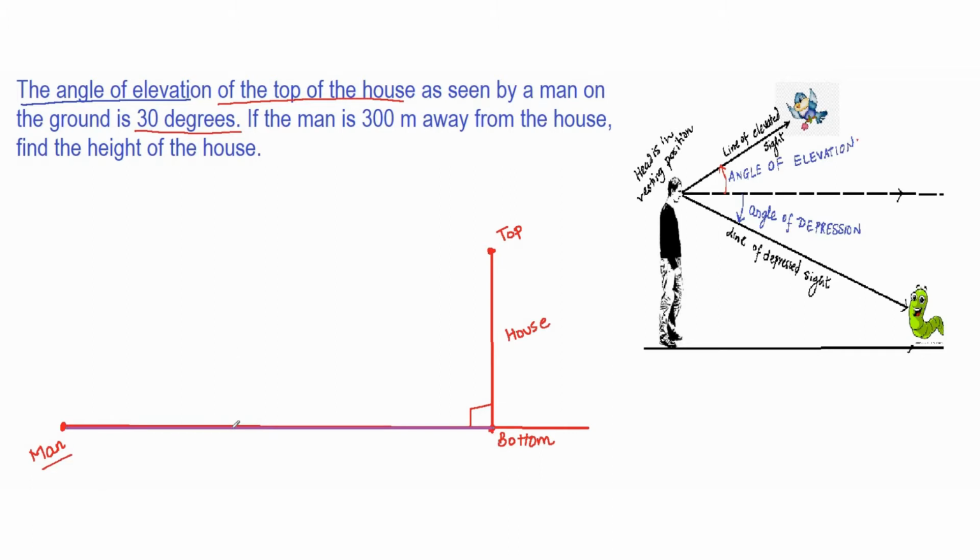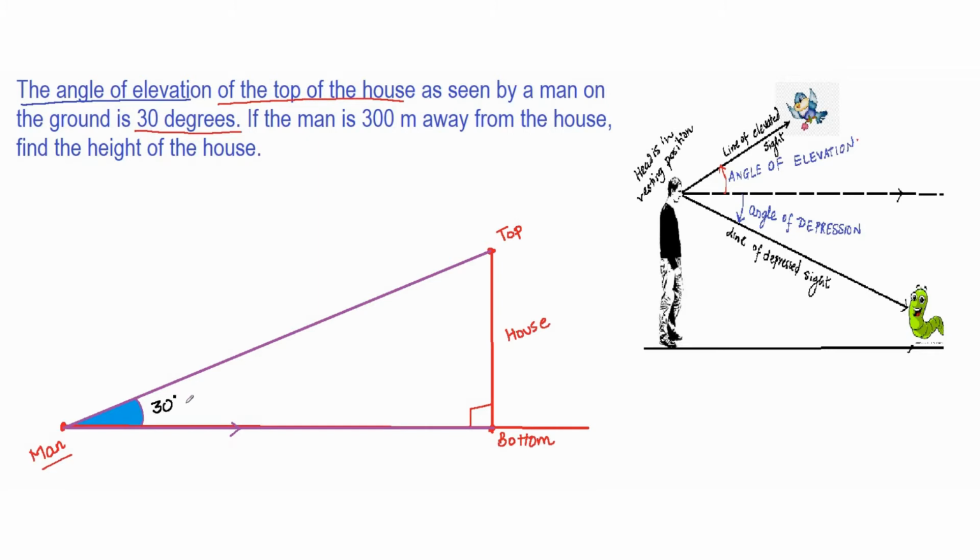So this is his normal line of sight. And if he wants to see the top of the house, then the angle made by his eyes with the normal line of sight is going to be the angle shown over here. So this is basically the angle of elevation, right. This is the angle of elevation, and the angle of elevation right now is given as 30 degrees.